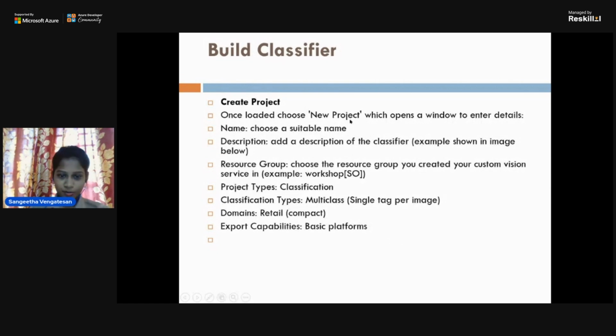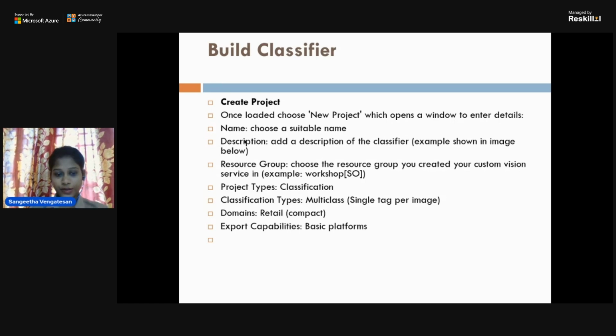We need to give the project a suitable name and a description, and it shows the project type. Project type here means we are going to classify images, so we go with classification. The classification type it shows is multi-class only, because we are using a single tag per image.